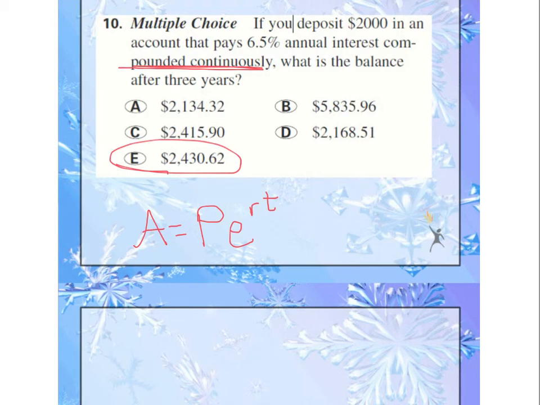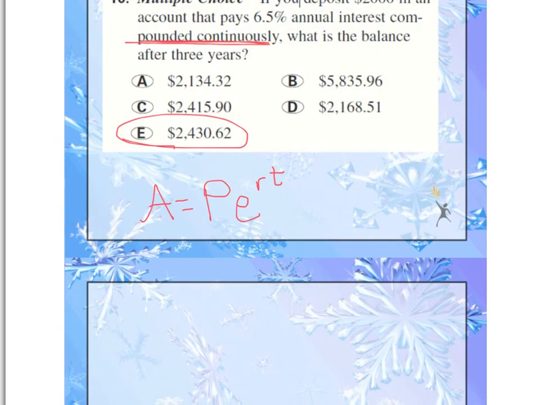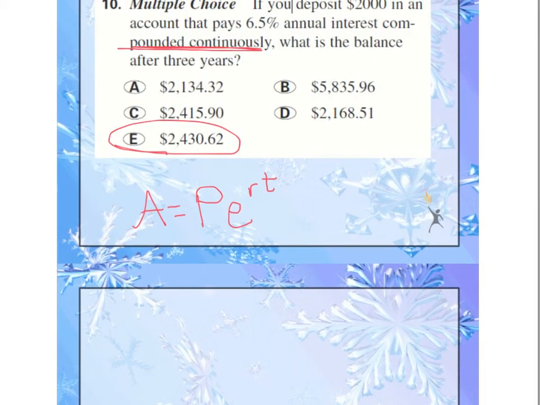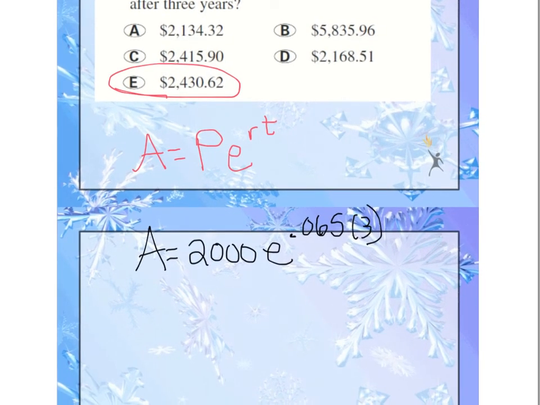So substituting in all the pieces, 2,000 is our deposit. Our interest rate is 0.065 and 3 years. When you type this into your calculator, you have to be careful to group your exponent as a power of the e.